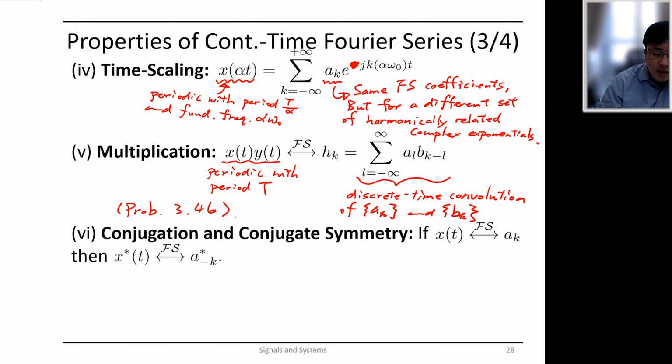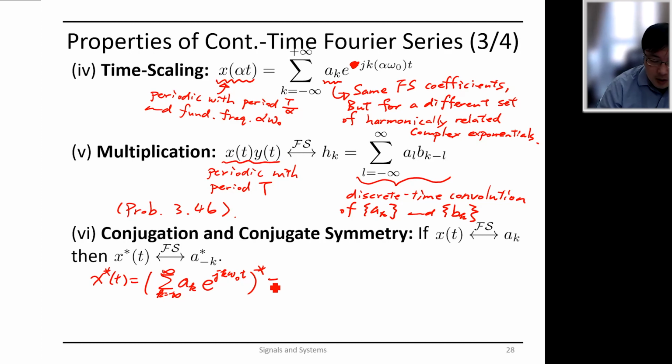You can also do this by direct observation of the Fourier series representation. Suppose you look at x complex conjugate of t. This is equal to the Fourier series representation of x of t, complex conjugate.